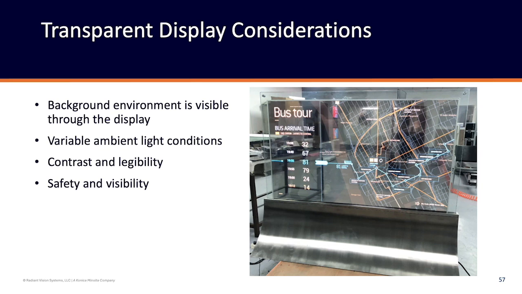For all of these see-through displays, quality challenges exist due to the background environment also being visible through the display, and because of the variable ambient light conditions. With these displays, what is of the greatest concern, and thus the most challenging to assess, is their contrast and legibility, and safety and visibility.